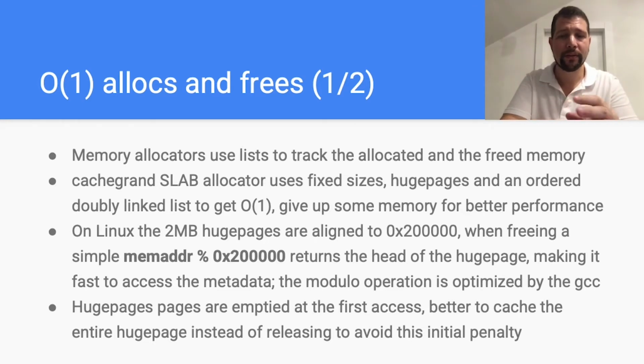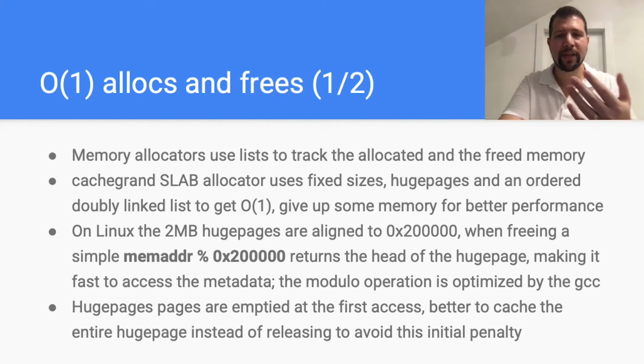On Linux, the 2 megabyte huge pages are 2 megabyte aligned, so a simple modulo operation can return the huge page header where the metadata are stored. And the modulo operation is also optimized by the compiler. Because the huge pages are zeroed at the first access on a page fault, it's better to cache them to avoid this initial penalty.